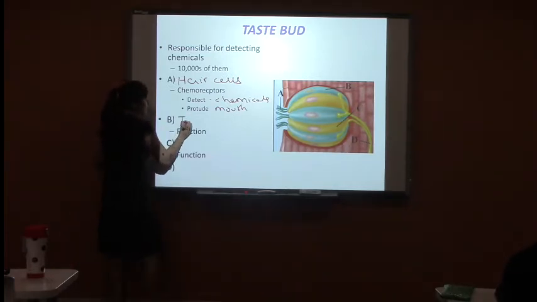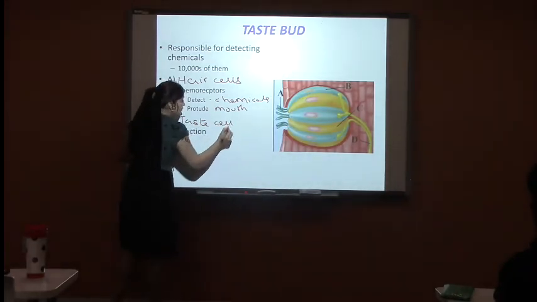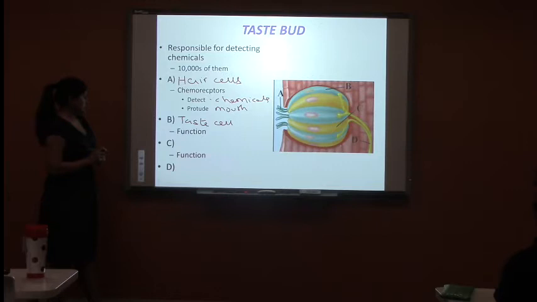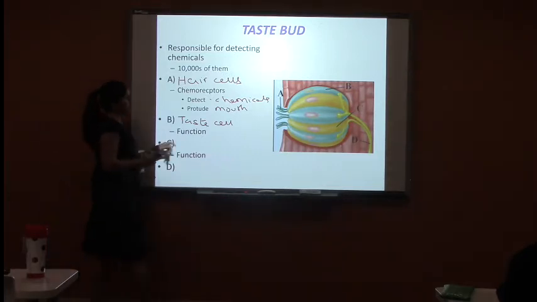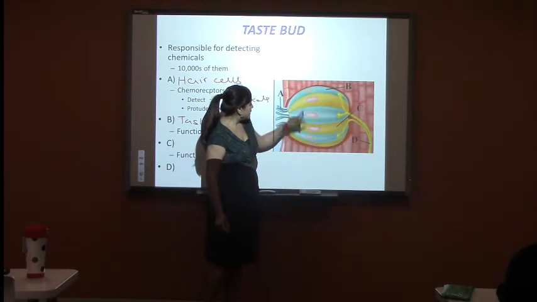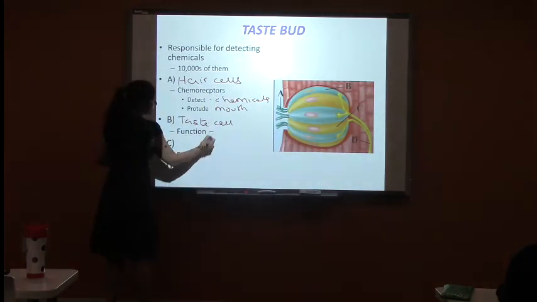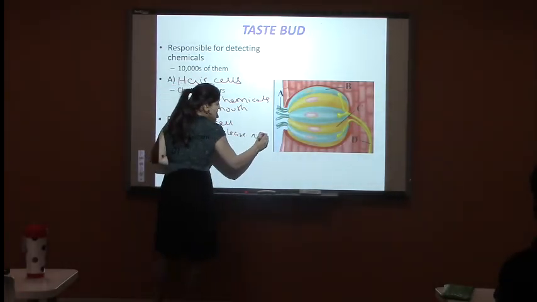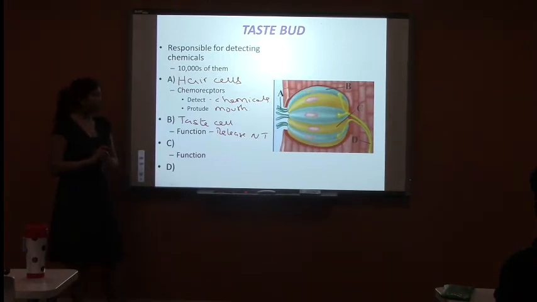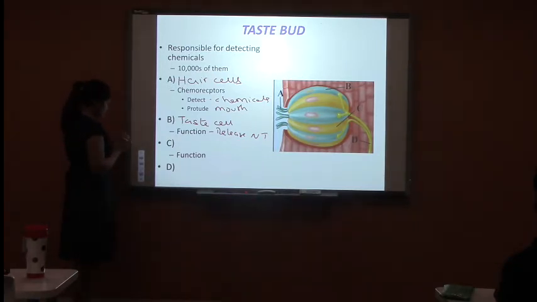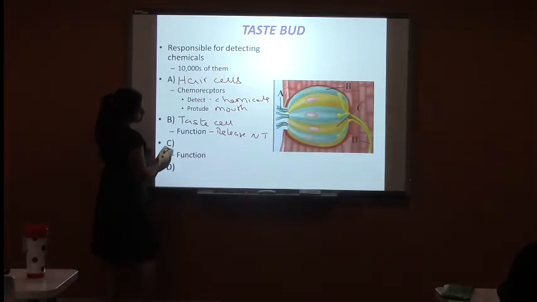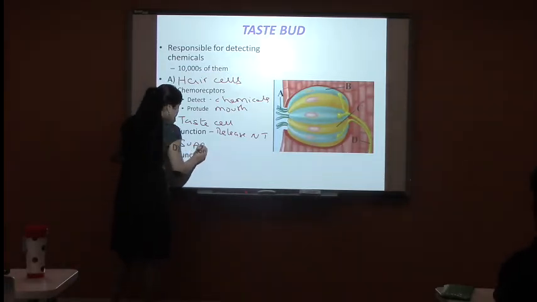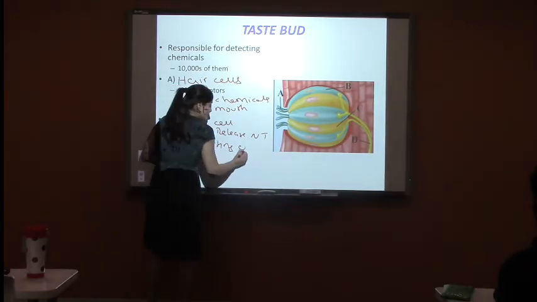B is taste cell. Okay, so B or taste cell, and their function is to release neurotransmitters. C is supporting cell.